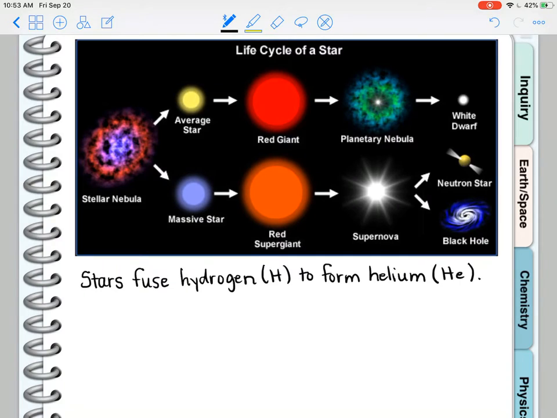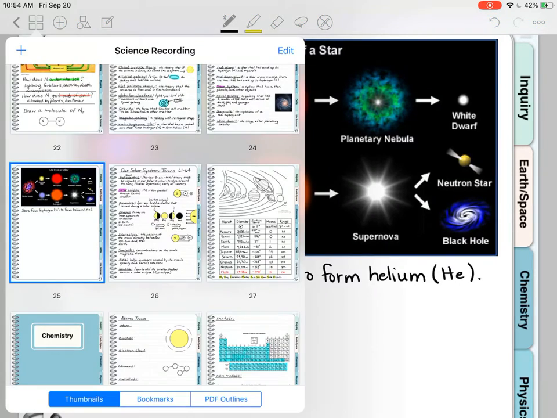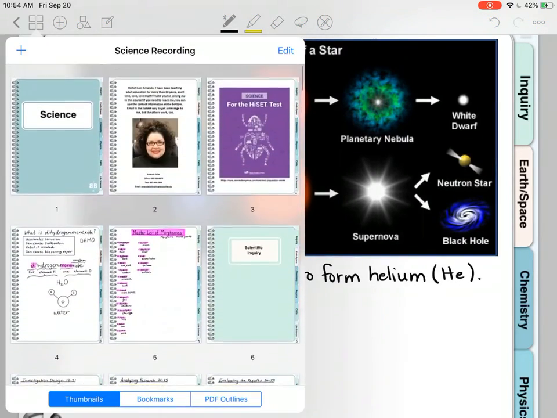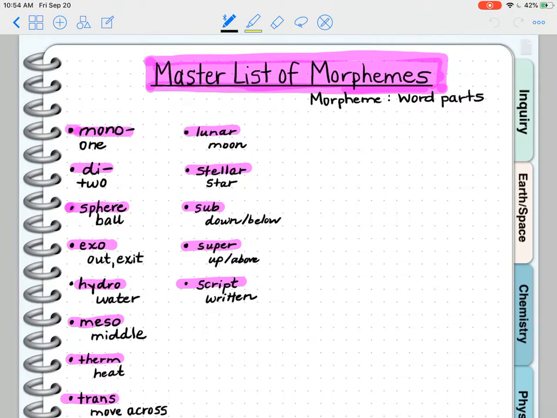So the first thing that we're starting with is this concept of a stellar nebula. And I want to be sure that I have given you the morpheme. So I'm going to flip back quickly to my morphemes page. And let's make sure that we have stellar on there.